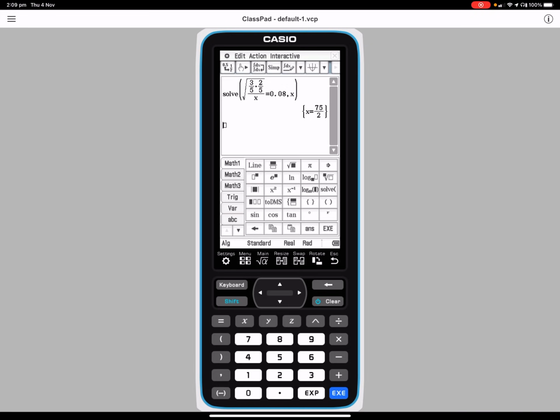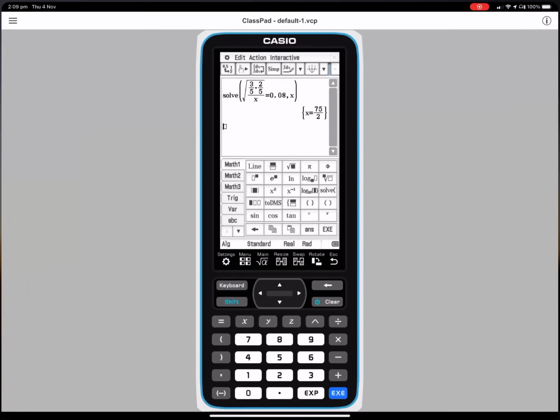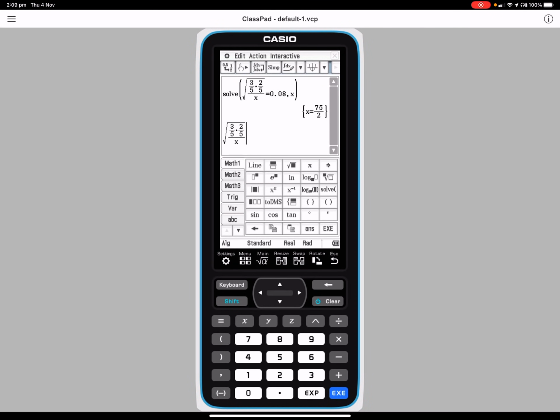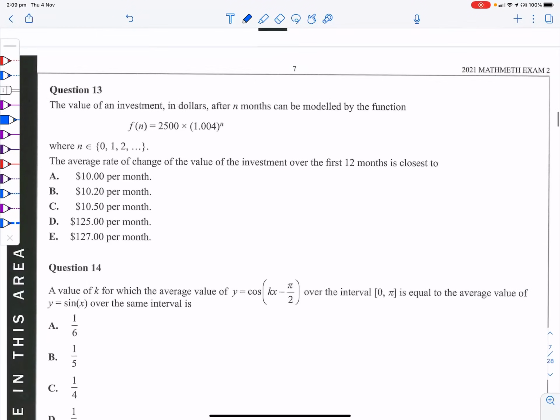So if it's got to be less, the standard deviation gets smaller as you increase the number, so it's got to be 38. For example, if I said 38, it's going to be less than 0.08. But if I said 37, it's going to be greater, and we want it to be less than, so you've got to round up.